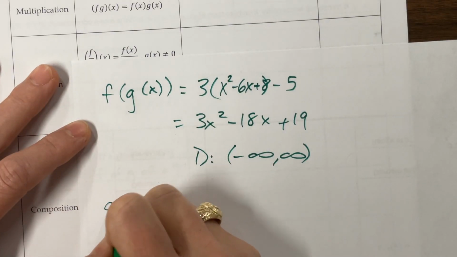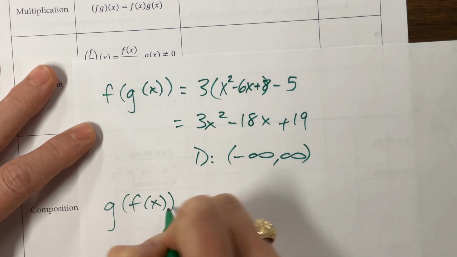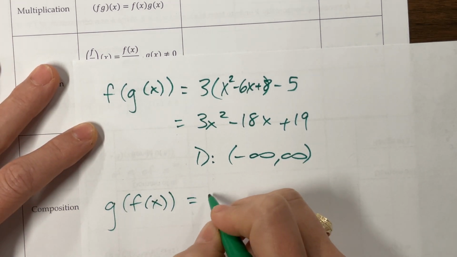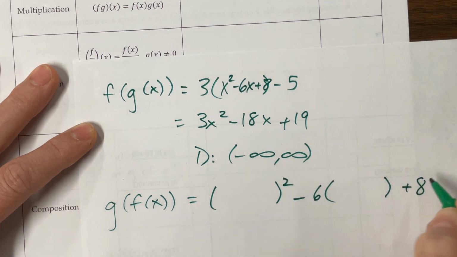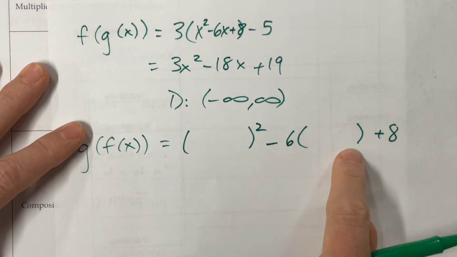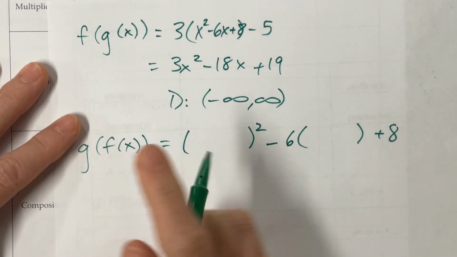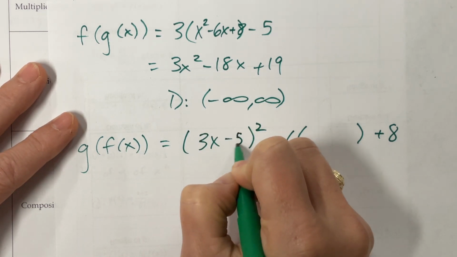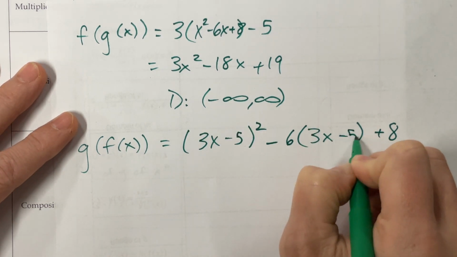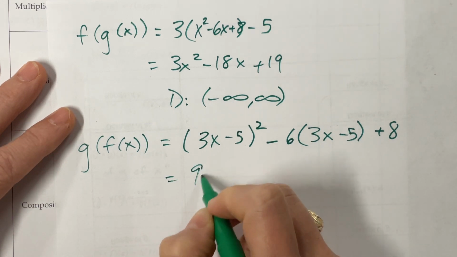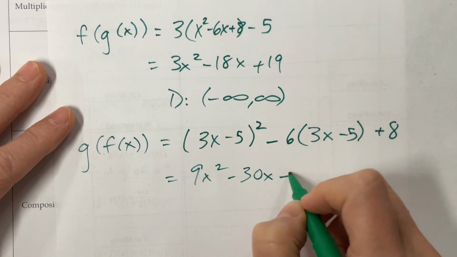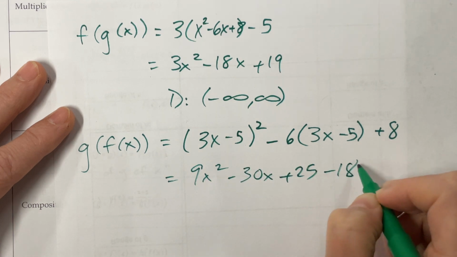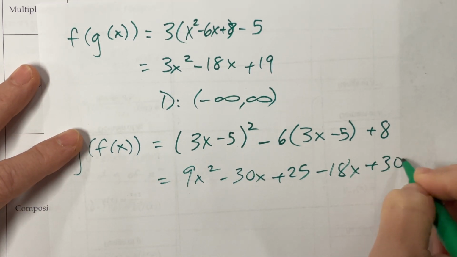So let's see. G of f of x means I come along and I write out my g function, and anywhere I had an x before, I'm now plugging in f. Okay, and so this becomes 9x squared. 15 times 2 is minus 30x plus 25 minus 18x plus 30 plus 8.